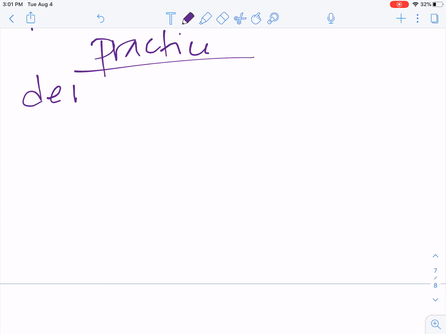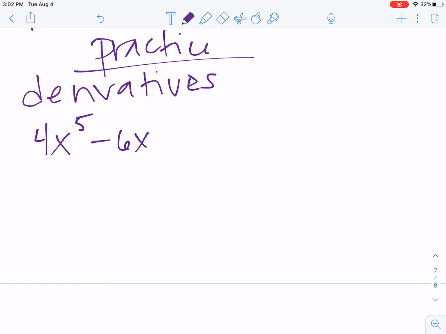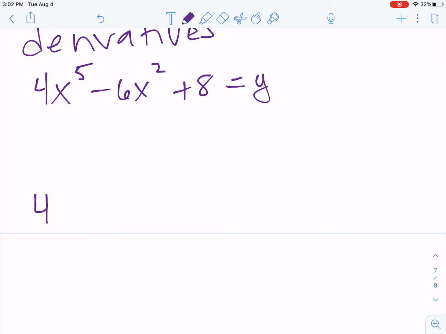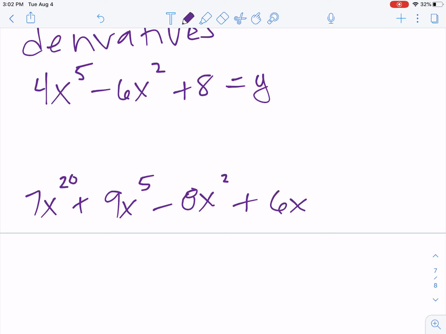Just to make sure you know what you are doing, let me come up with some equations here. Let's start with derivatives. Go ahead and do those really quickly if you aren't actually doing that yet.